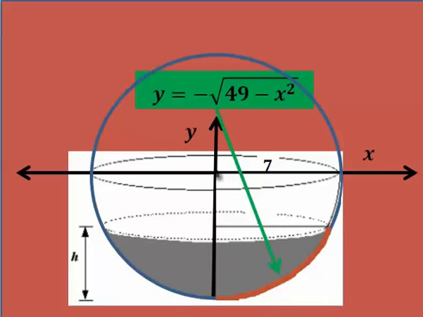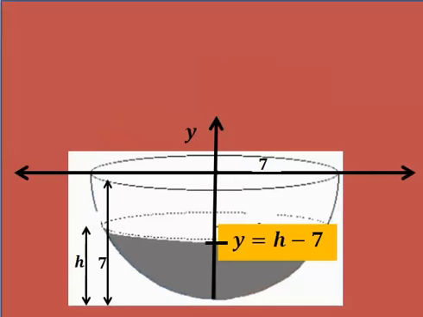Alright, next, I can see that my depth is h, but where does the top of the water hit the y-axis? Again, because I'm below the x-axis, I go down to negative 7 and then I work my way up h units.